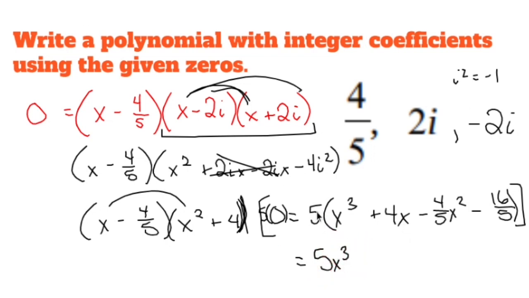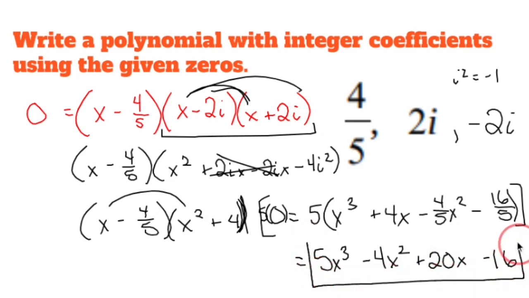Let's put it in order. 5 times negative 4/5 is going to be negative 4x squared, plus 20x minus 16. That is a polynomial that when set equal to 0 gives me zeros of 4/5 and 2i. And oh yeah, by the way, negative 2i.